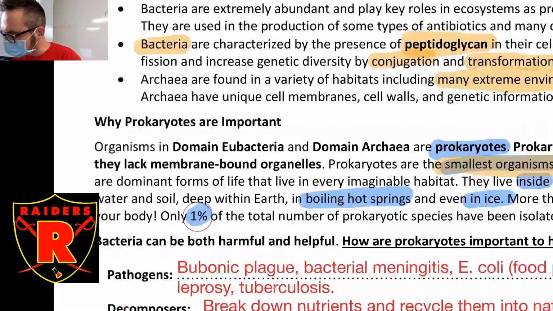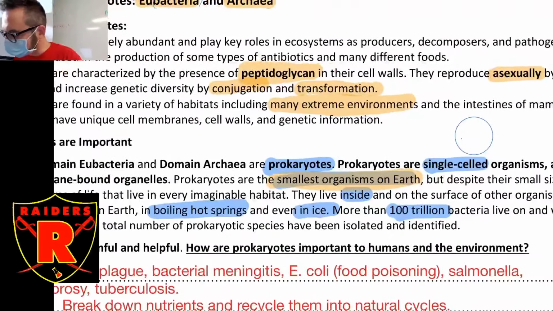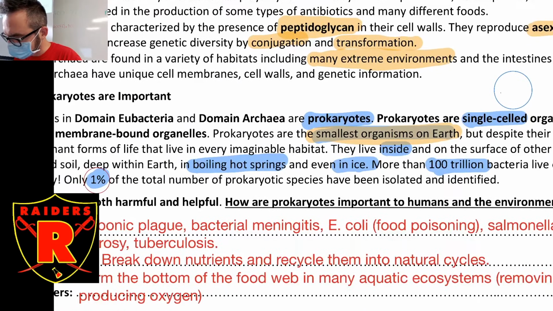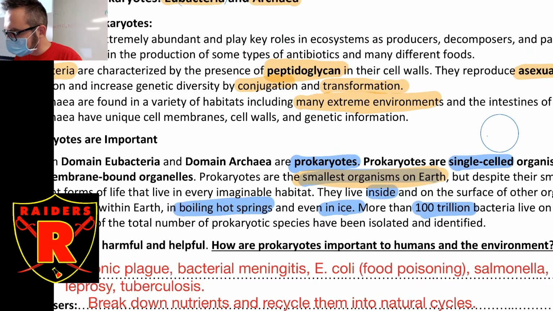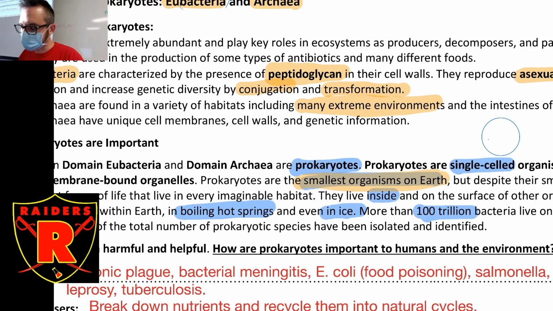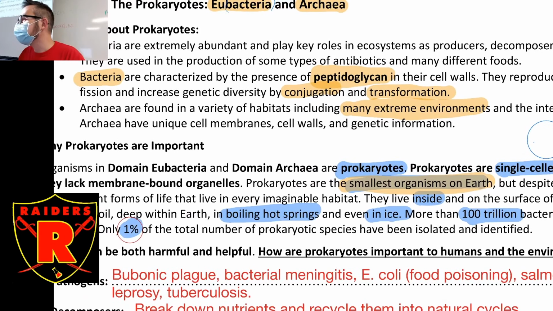Anyway, it causes food poisoning. You've got a ton of it growing in your large intestine, but not your small intestine. If it gets back up there, you're going to get yourself into trouble. Salmonella, again, causes food poisoning. Leprosy is caused by a bacterial infection. Leprosy is kind of a cool one because it's a really, really tiny bacteria, and it can live inside your own cells.